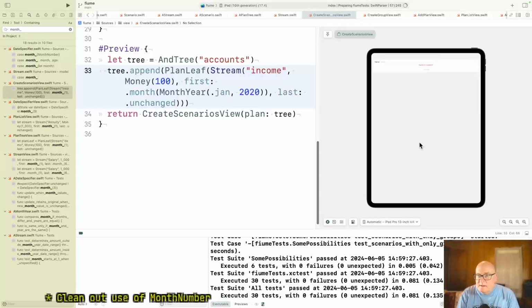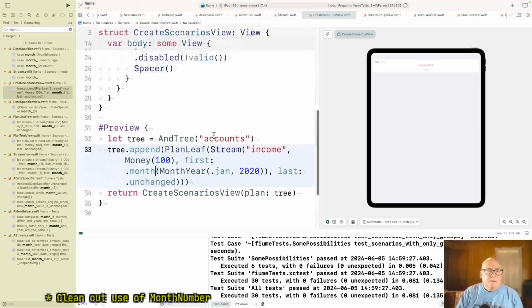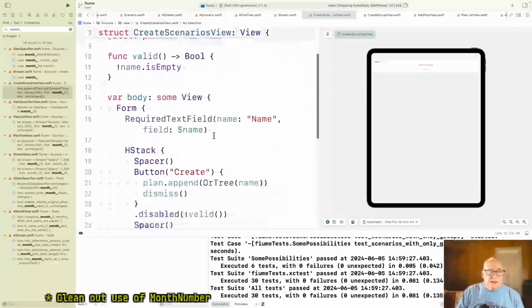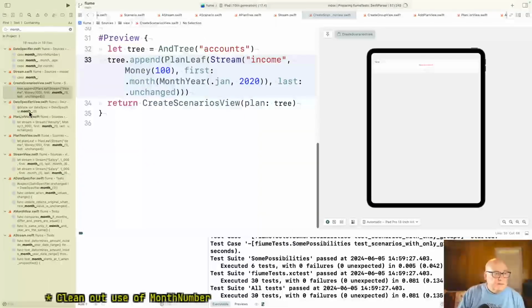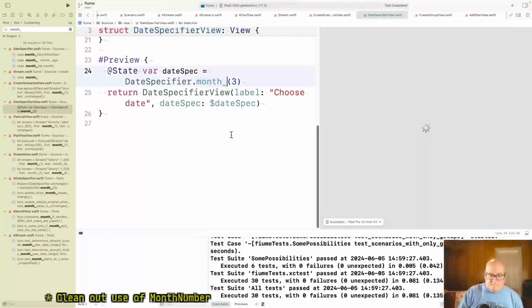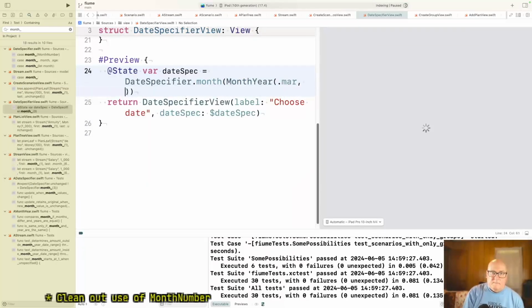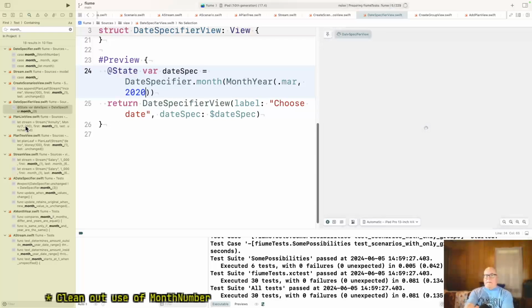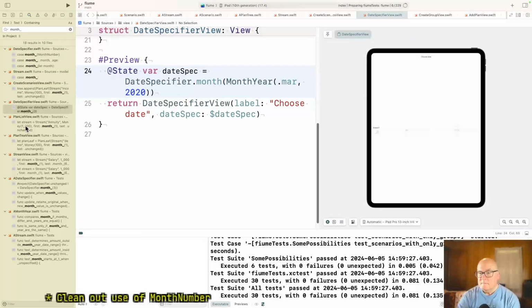That's a little more speedy. Okay. Name is required. Right, scenario view only has a name. Okay. Okay.